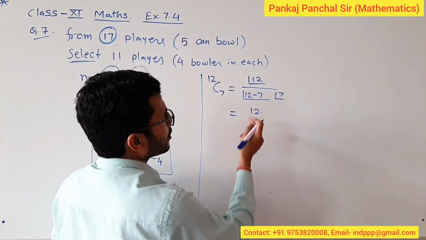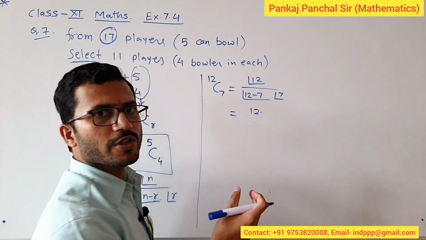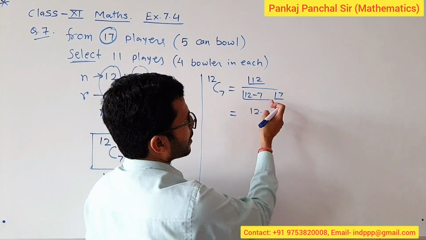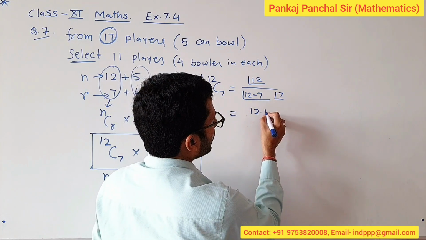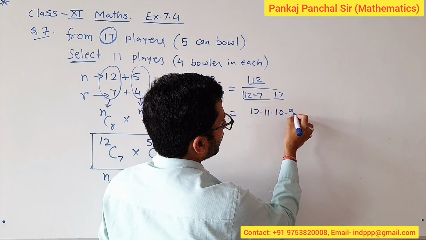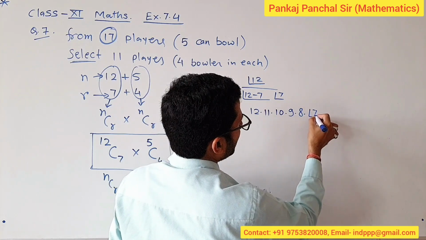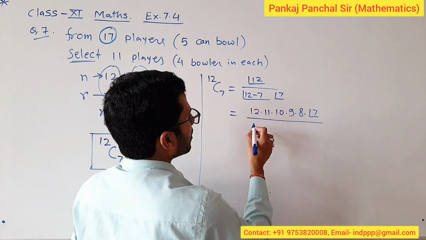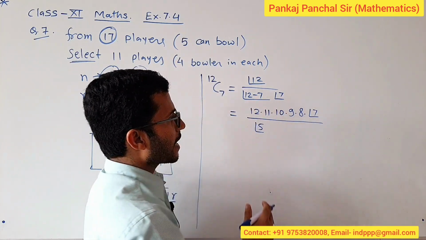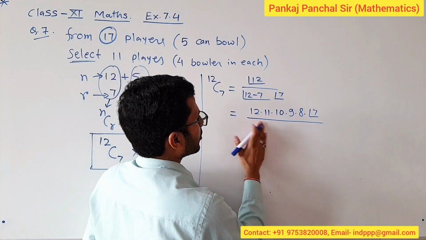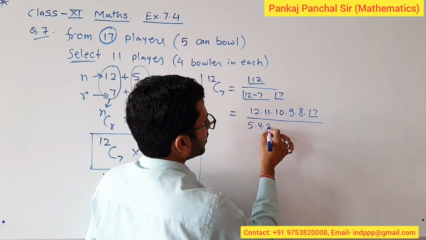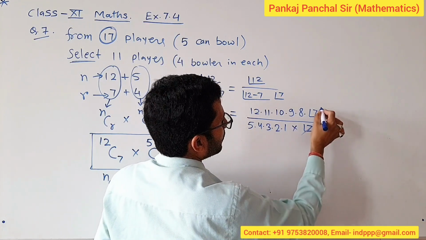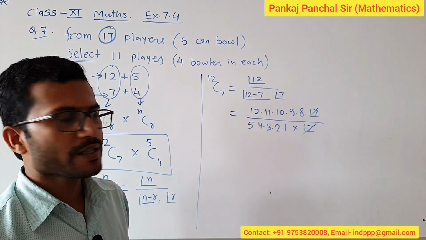Factorial 12 means 12 into 11 into 10 into 9 into 8 into factorial 7, because 12 minus 7 is 5. Divide by factorial 5, which I am expanding: 5 into 4 into 3 into 2 into 1, into factorial 7. You can see factorial 7 and factorial 7 cancel out.